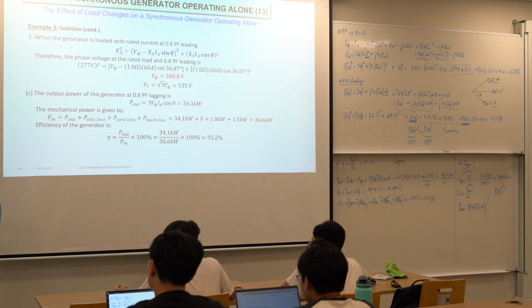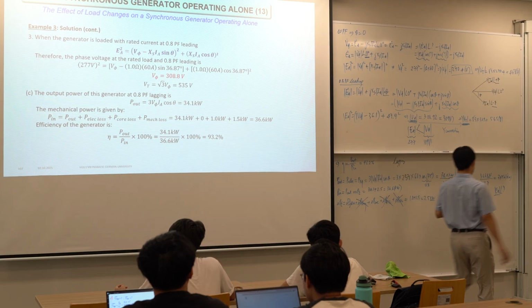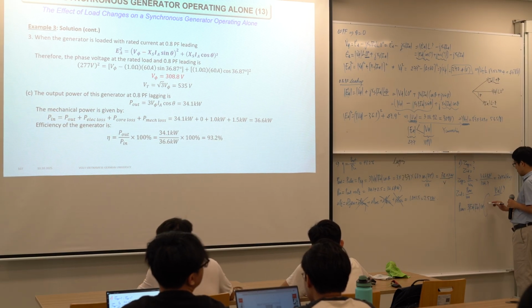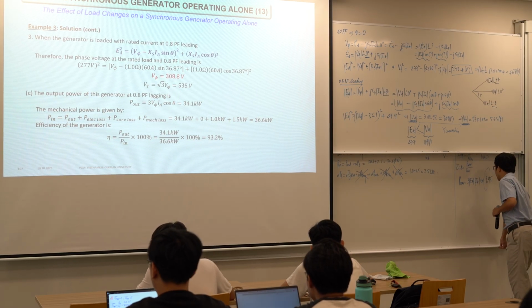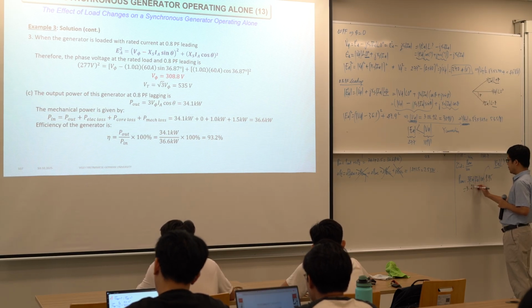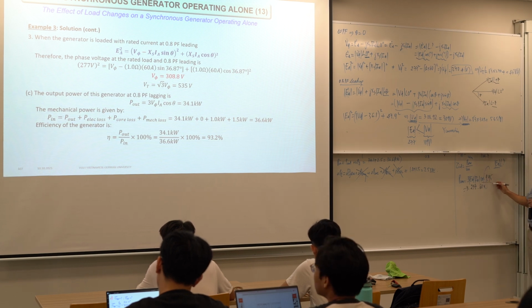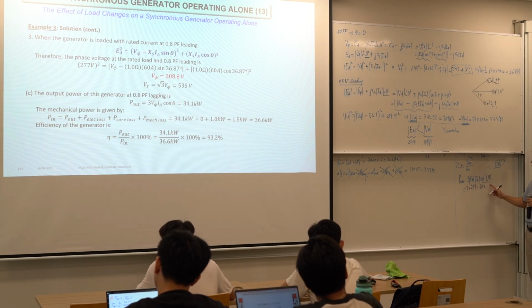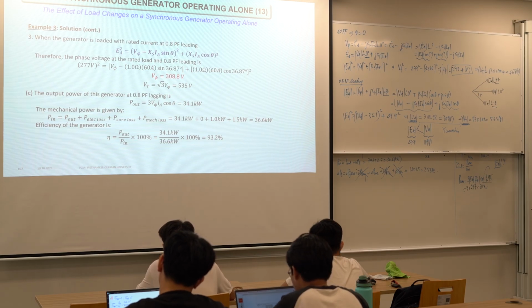9.95. Okay. So now we know here is 9.95. So you get 3 times EA how many? 277. IA how many? 60. Cosine of this one, what is this?